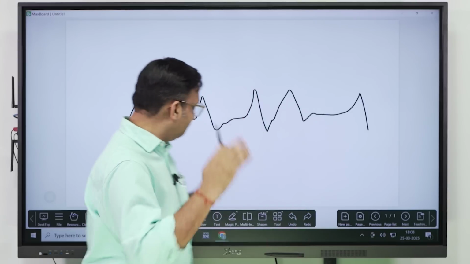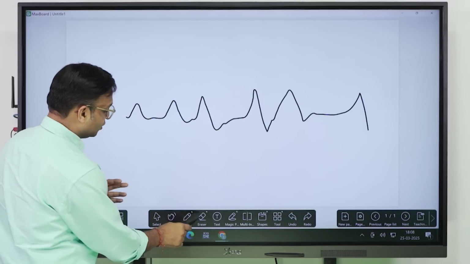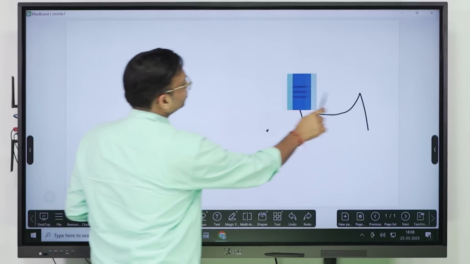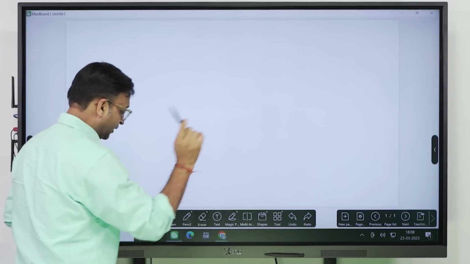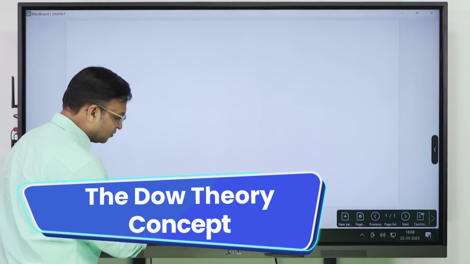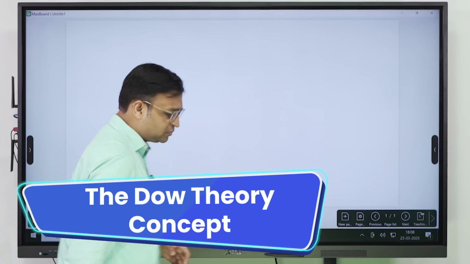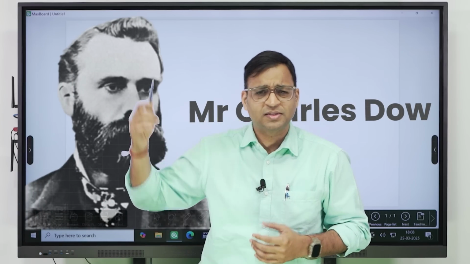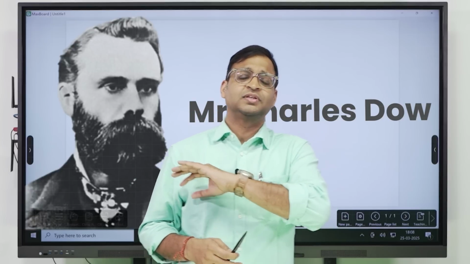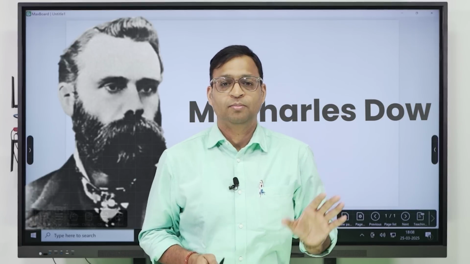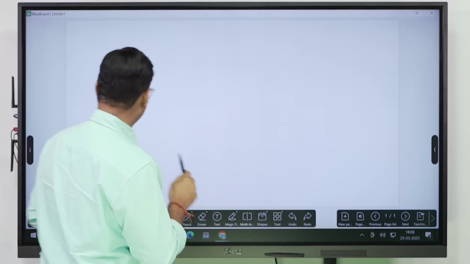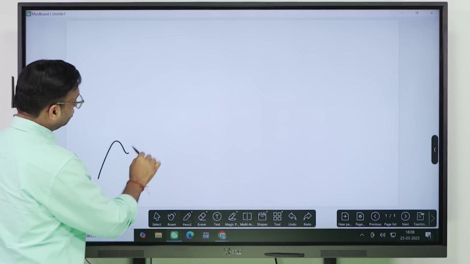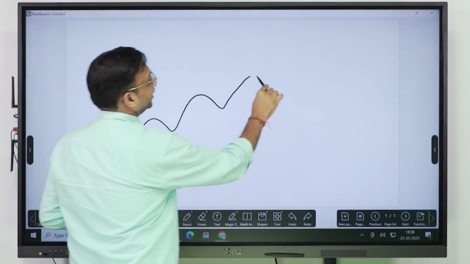Okay? To bring that concept clear in your mind, let me introduce a very simple concept, the Dow Theory Concept, which was introduced by gentleman Mr. Dow many years ago, and it's a concept which is relevant all the time. What he said is that if a stock has to go up, it will go up.